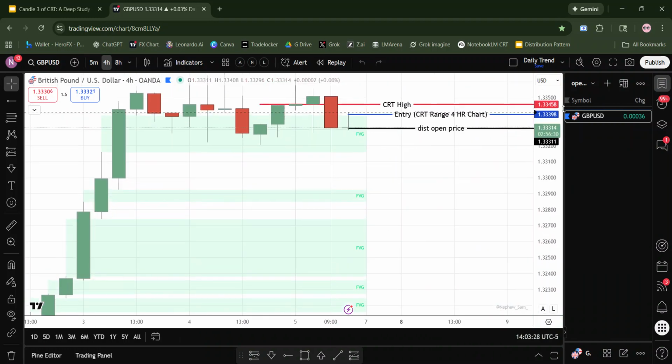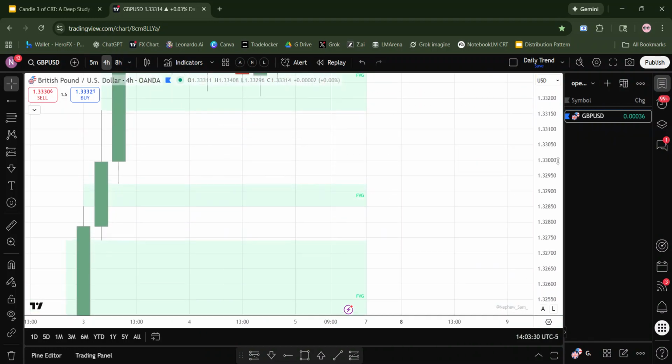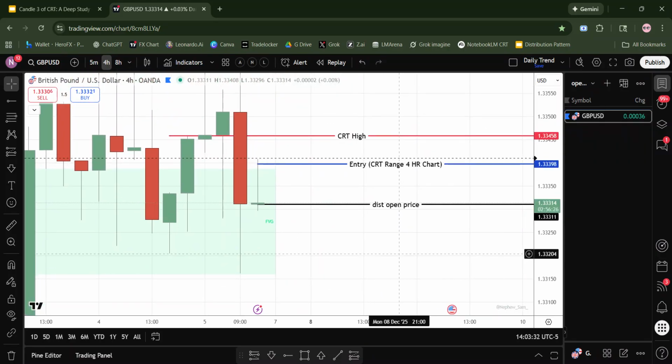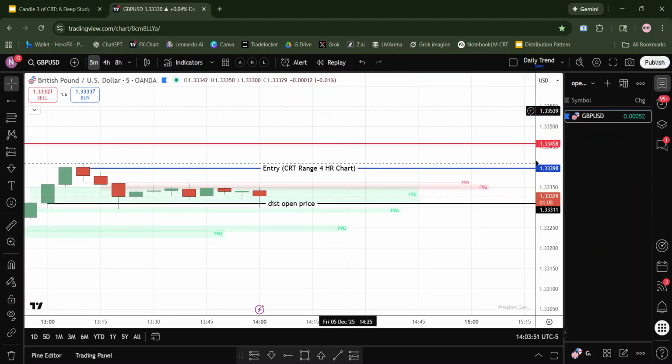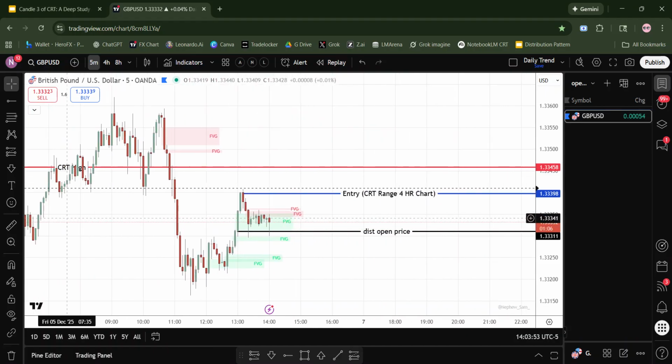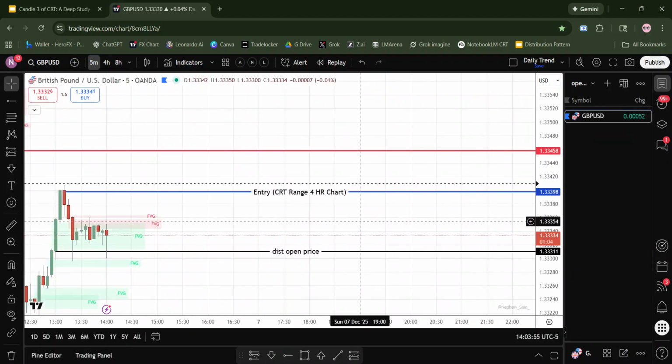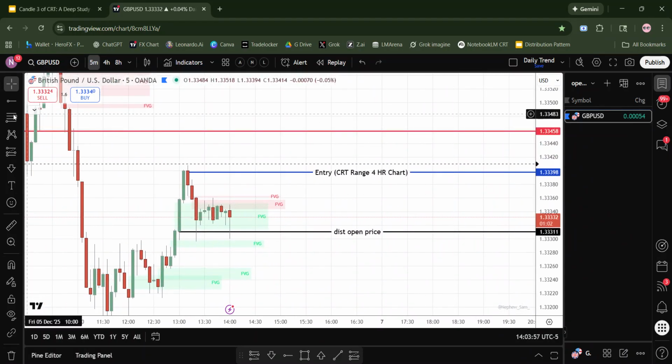The reason I took this trade: I had a short bias going into the New York session, which was back here. But then I said, okay, I think this 4-hour candle is just going to continue down. So this isn't an 8-hour trade. I'm looking for just a continuation. It might work out, it might not. I don't know. But again, the first hour, let me mark out the hour so you can see it in real time.